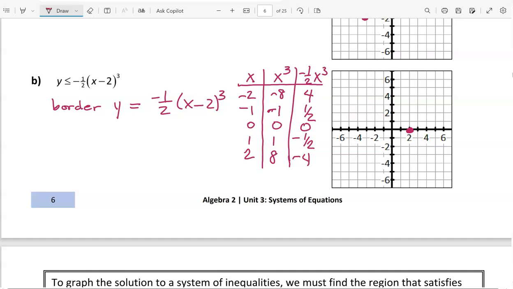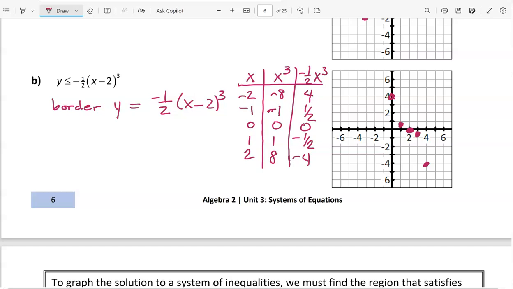So the first point, (-2, 4), means 2 to the left and 4 up. The next point in the table, (-1, 1/2), means move 1 to the left of the new origin and up 1/2. (0, 0) means graph on the new origin. (1, -1/2) means move 1 to the right of it and 1/2 down. (2, -4) means 2 to the right of it and 4 down.